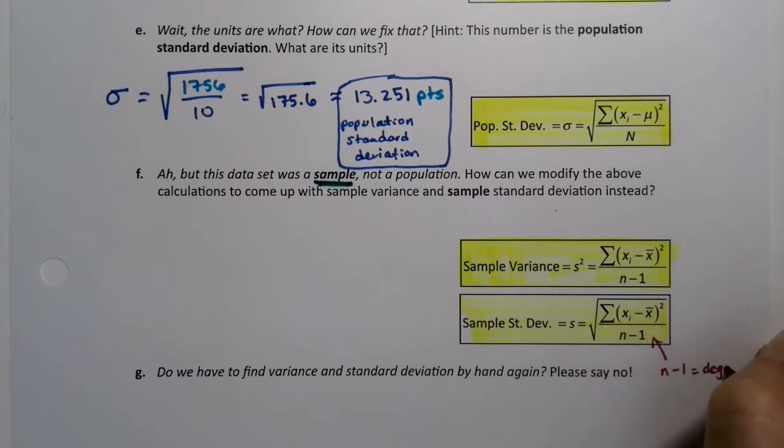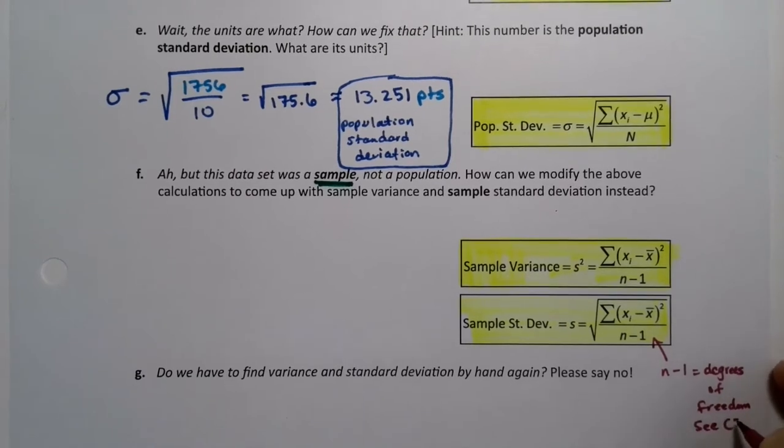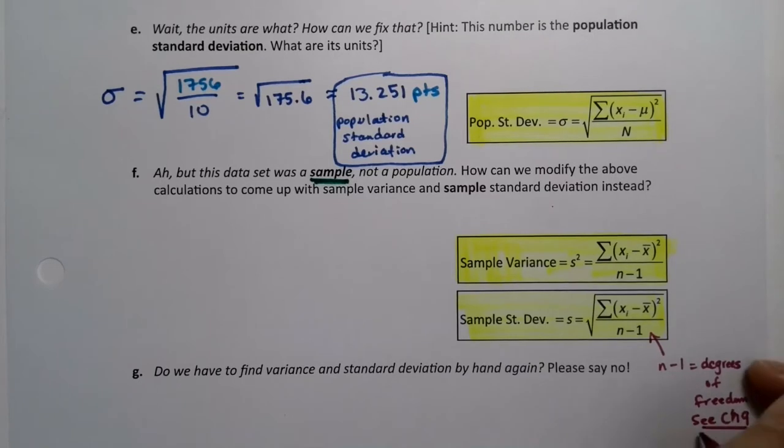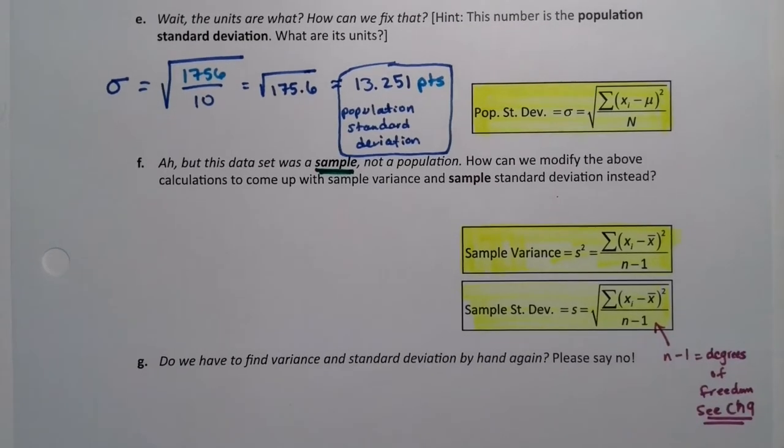That actually has import for us in chapter 9. So degrees of freedom, see chapter 9 when we get there. So when we get there, we'll come back to this and look at this page and go, oh yeah, right, that's what that was.